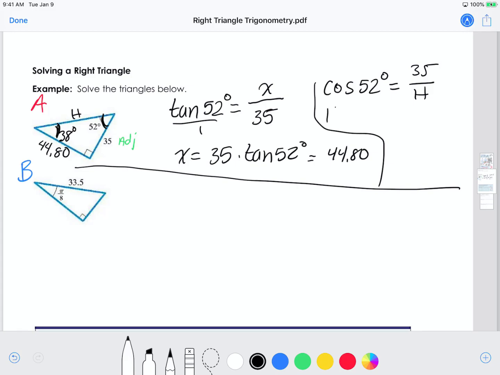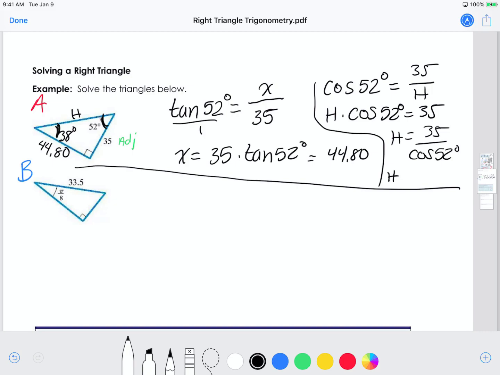So I would have h times cosine of 52 degrees is equal to 35, and divide both sides by cosine of 52. So 35 divided by cosine of 52 degrees would be my value of h. So in the calculator, I'm going to take 35 and divide that by the cosine of 52 degrees.